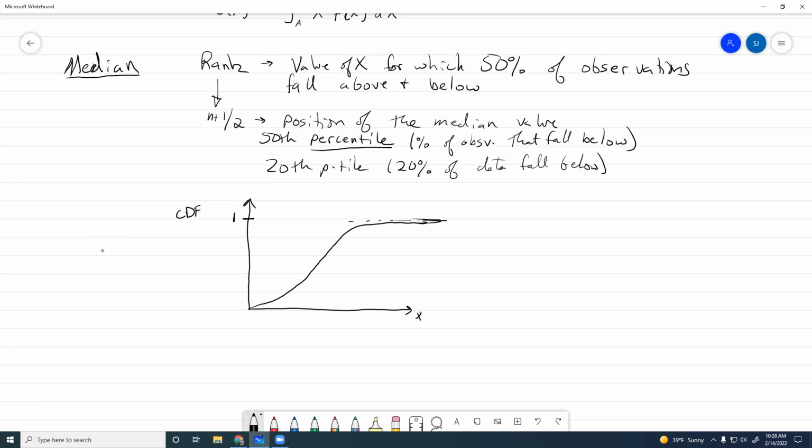And what we're interested in for the median is the cumulative probability of 50%, right? 50% of the observations fall above and below. So this would be our median value. So saying that 50% of the observations fall below it is the same thing as saying the cumulative probability is 50% or 0.5.